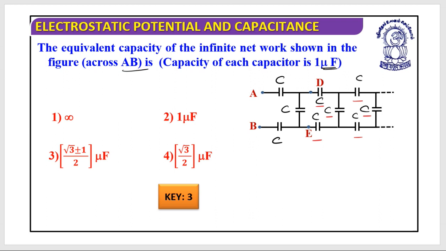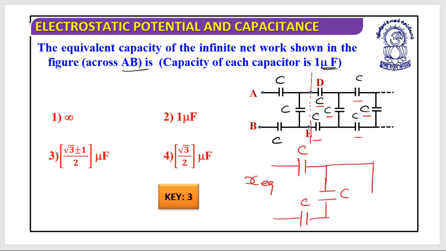So I need to break the network from here, and I notice that my answer would be X, and it is equivalent to this: C, C, and even this would be the same, X. Is it clear? I hope this can be done.